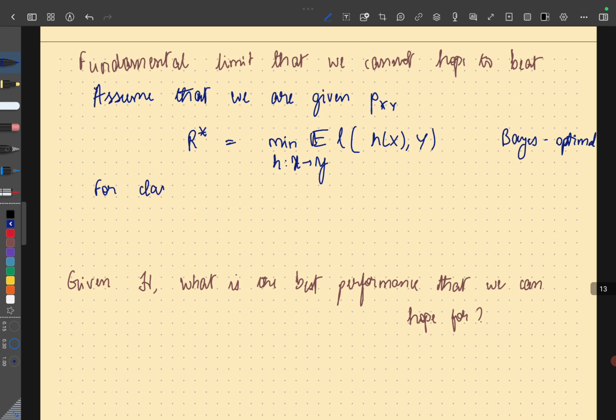For classification, the Bayes optimal solution, let's call it H Bayes, is equal to the arg max over all y in Y of the expected value, or in this case just the probability that Y is equal to y given x.